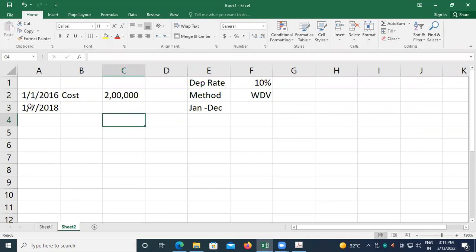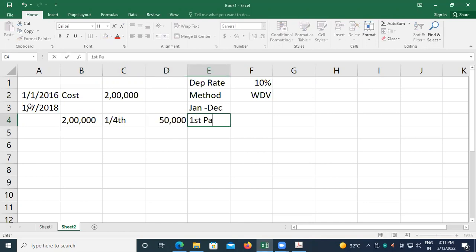Let us try to understand. There are 2 sales happening in this question. The first machine was 2 lakh rupees, and 1/4 of the machine has been sold. If we calculate 1/4 of 2 lakh, it is 50,000.